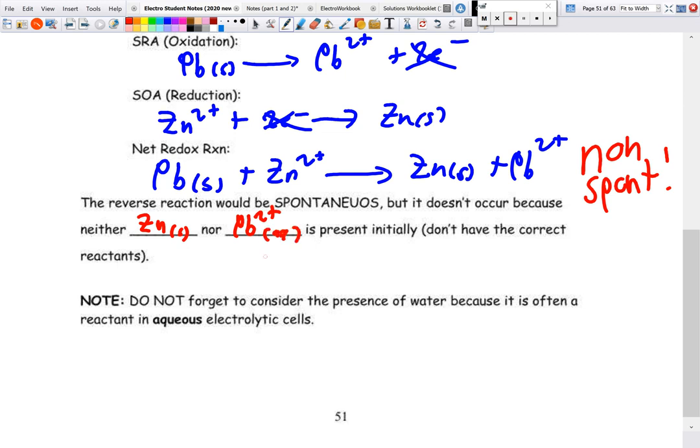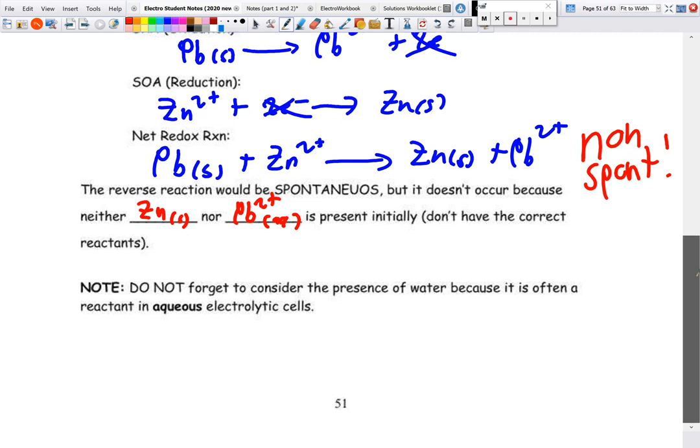So that's why you really have to be careful about how you write down the entities, because if you write down an entity wrong and you put it into an equation, it could mess everything up. So just be very careful about writing out your entities. And then of course, don't forget to consider presence of water, because normally in these electrolytic cells, water is often a reactant. So that's just something to be careful for.